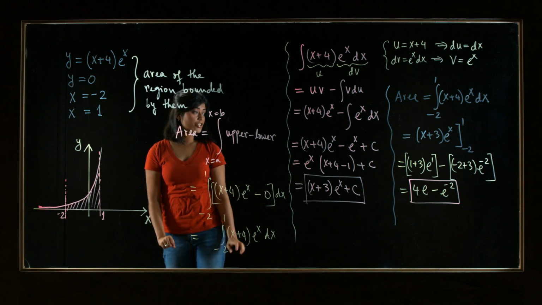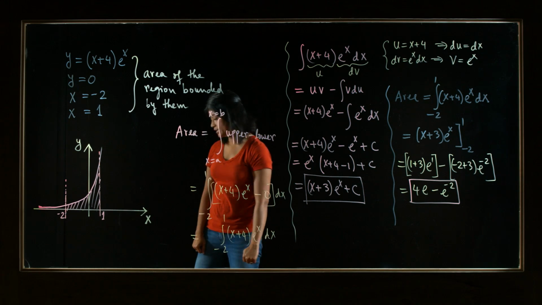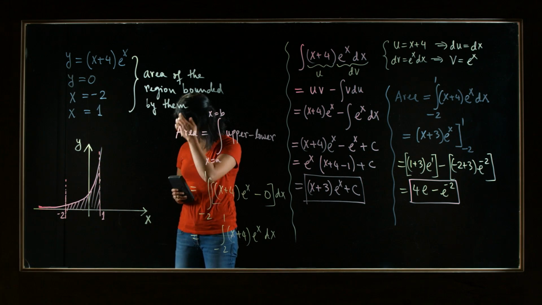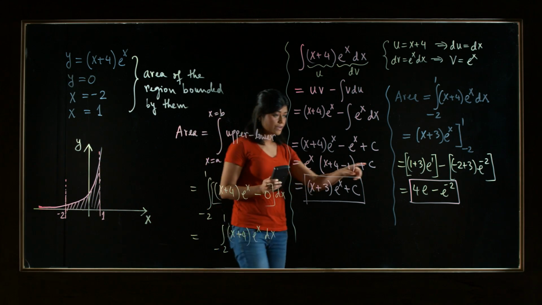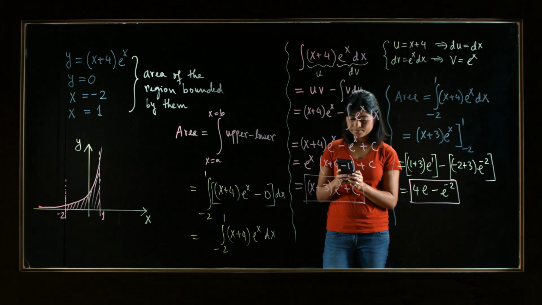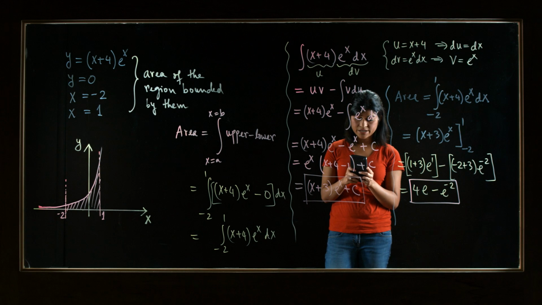Now, to finish this problem, we will verify our result using a graphing utility. Let's pick a graphing utility that you have, and first figure out what this quantity is. What is 4e minus e to the -2?